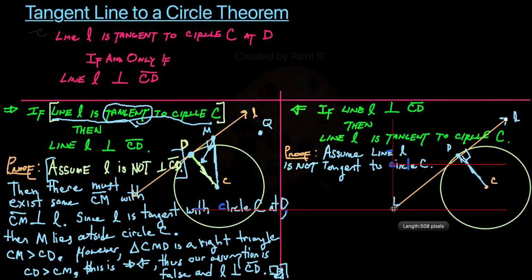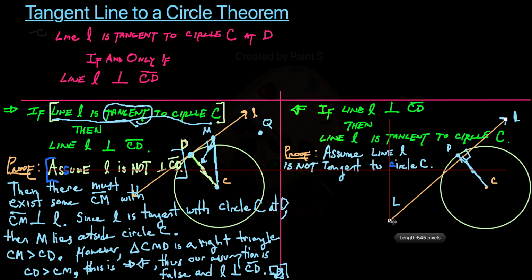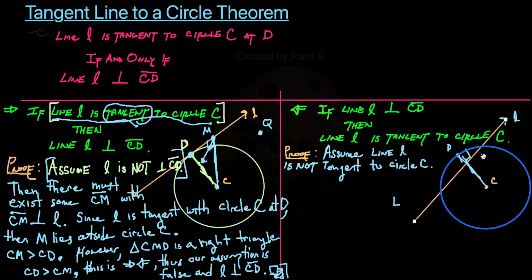I'm going to try and modify this diagram. Okay, so I'm just going to move everything over, and then I'm going to move this back over to D. All right, I'm going to have to change it again, but that's okay. So if it's not tangent, then that means that I'm assuming L is not tangent.